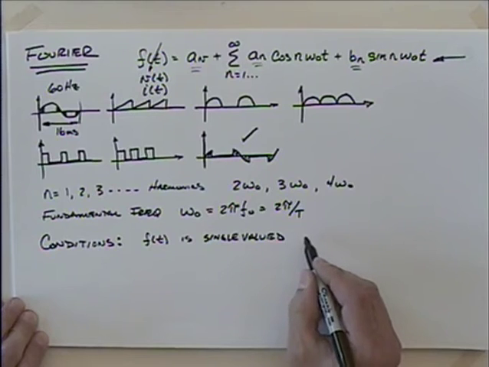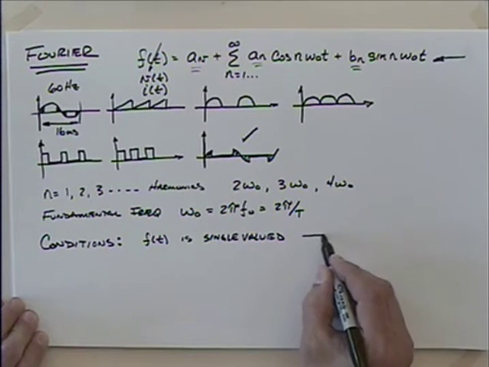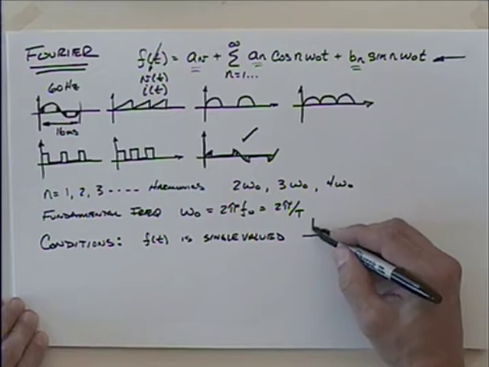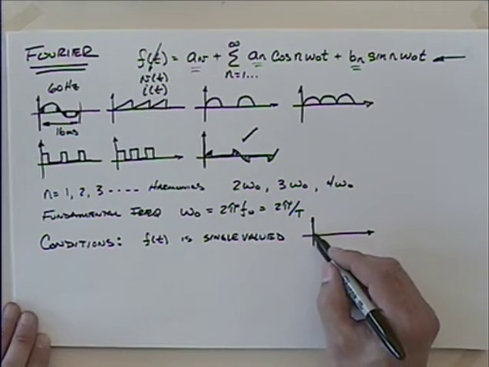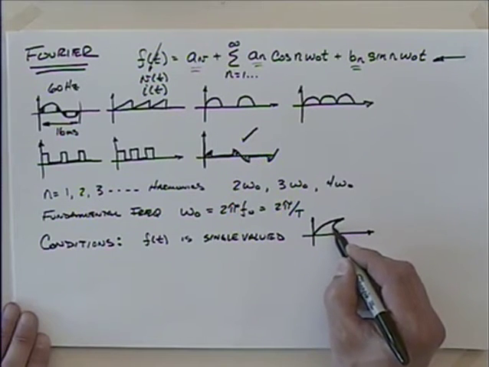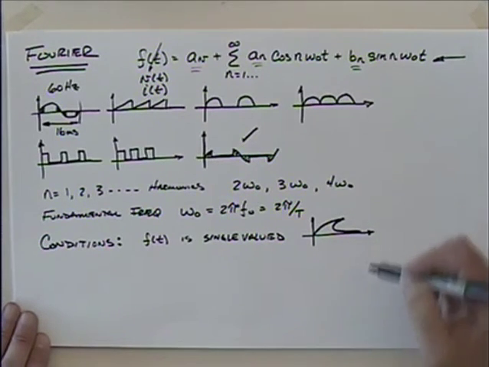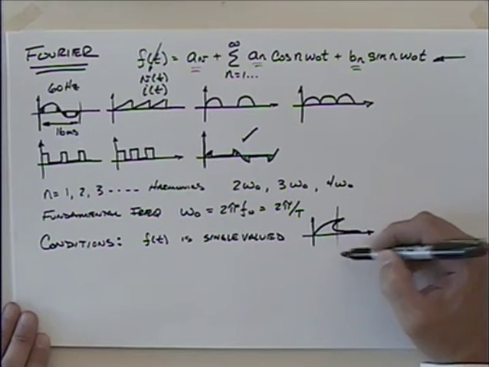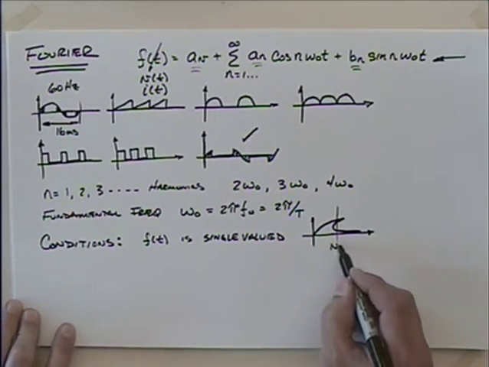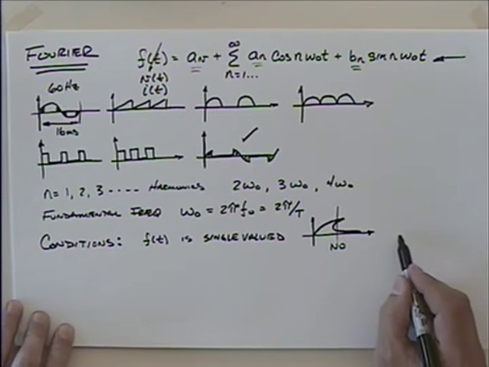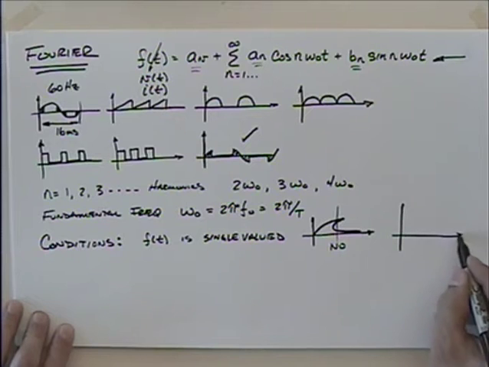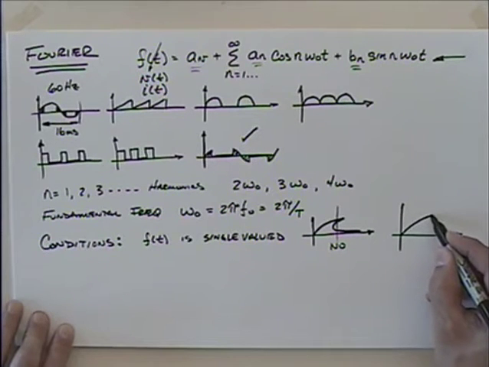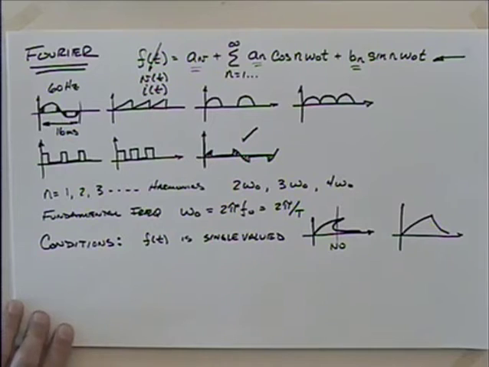So let's see, an example of something that isn't single valued. Most real generators are not going to produce something that's not single valued. I think that's impossible. But let's say that you get something like this. Okay, is that single valued? Certainly not. So we can't have that. You might say, well, I've seen a sawtooth wave. Well, if you look at a proper sawtooth wave, usually it does something like this. So you see the difference between those.